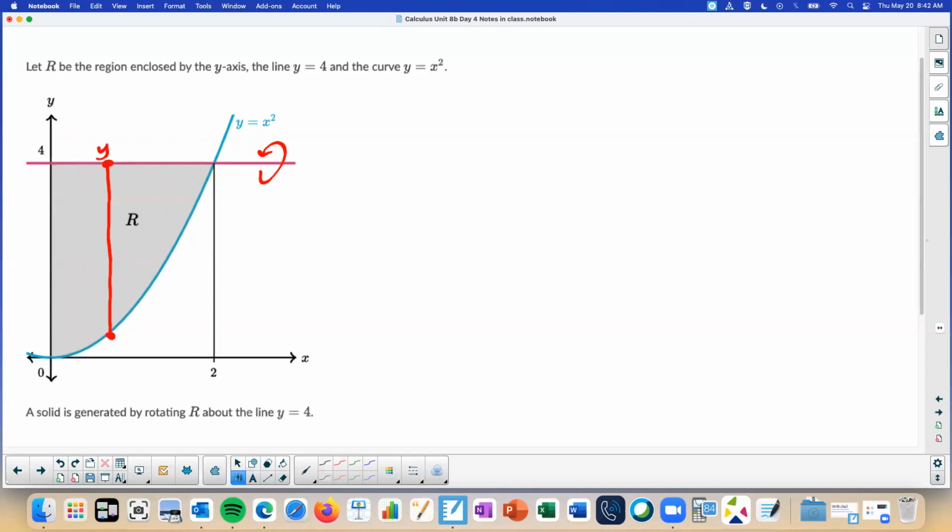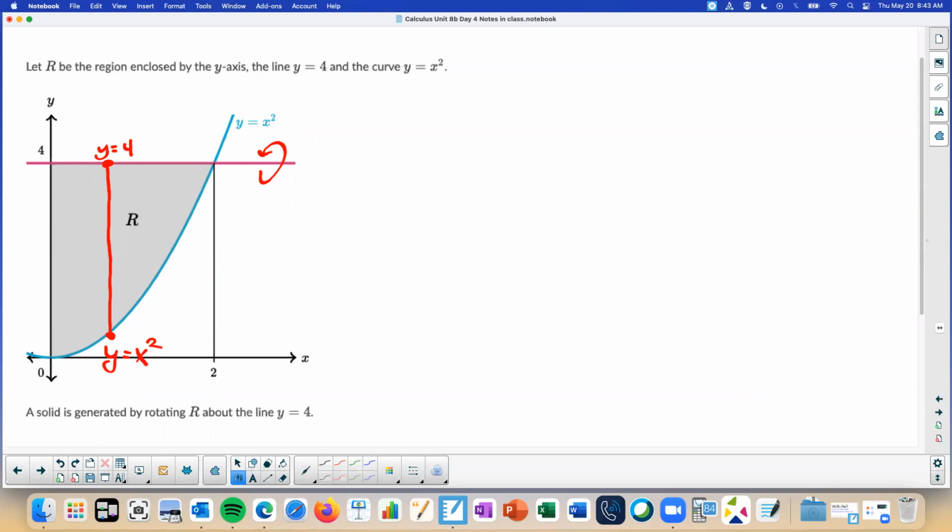The height is always y=4. The bottom of the radius does change depending on where you are. So because it does change, it's an equation. It's got variables in it. And then the bottom of our line is y equals x squared.